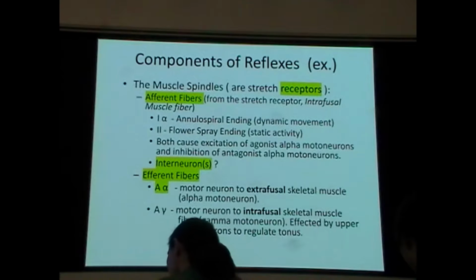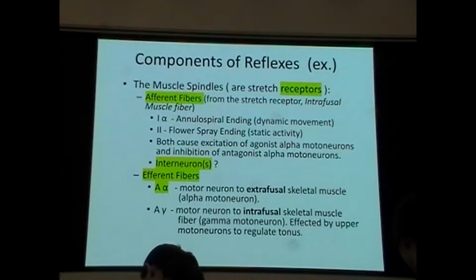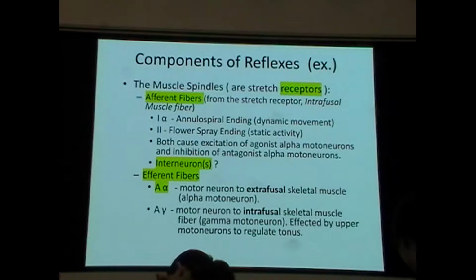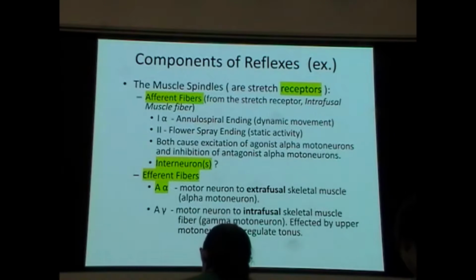It is a tiny little fusiform shaped muscle fiber that is specifically attached to groups of motor units. That fiber is the receptor for stretch, and then stretch is what sets off a skeletal muscle to contract.